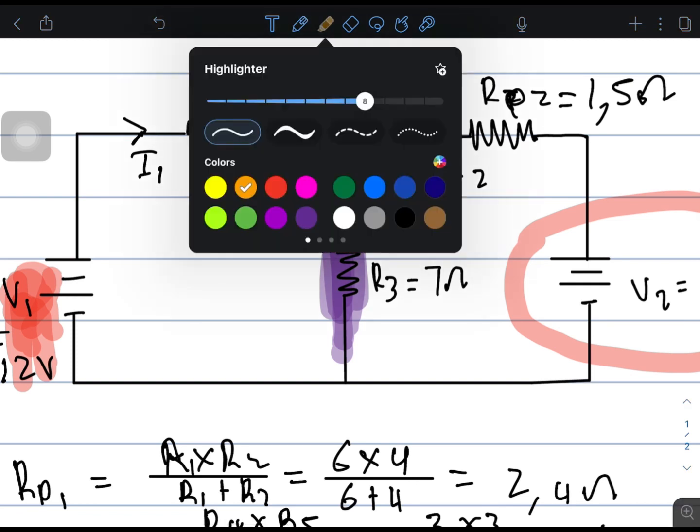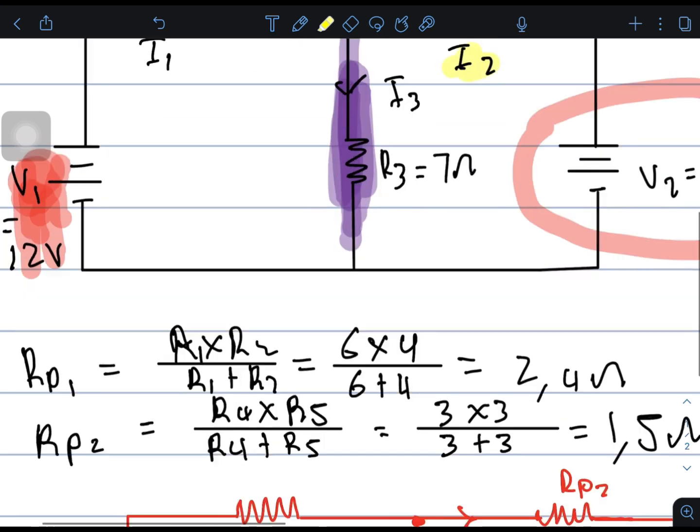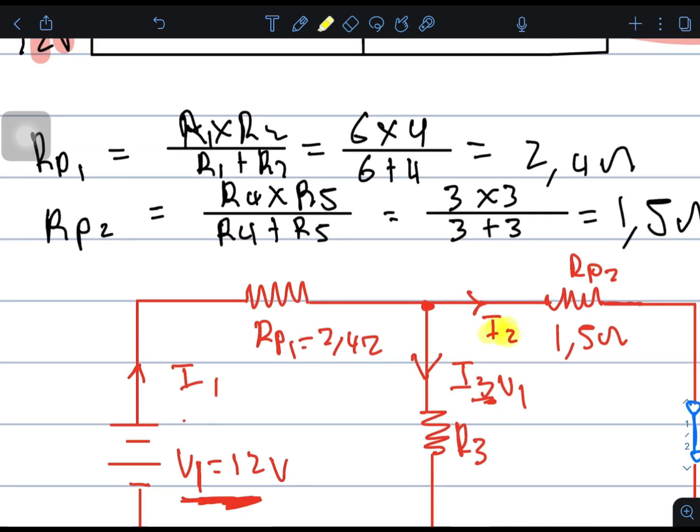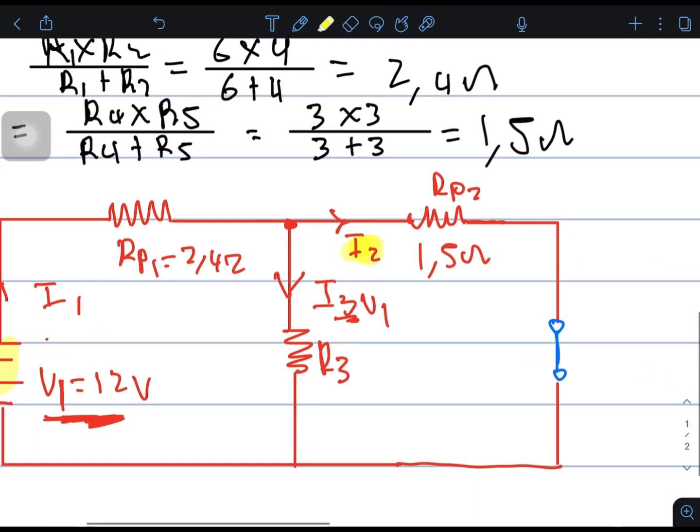This I2 in the original circuit is not the same as this one. This I2 is coming from this source because remember we have removed this one. We have short circuited this source, so it is not even part of the circuit. The only source of current is V1.